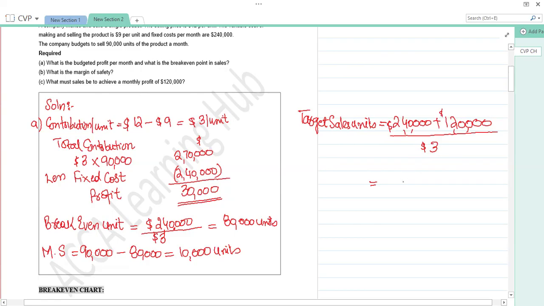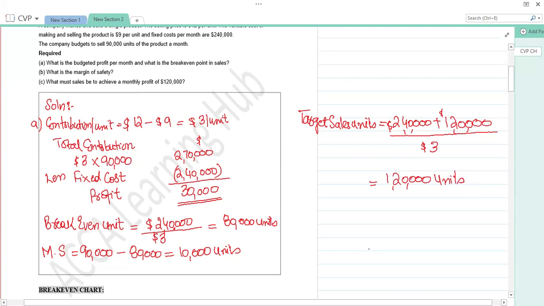I will get my target units of 1,20,000. If we sell 1,20,000 units, then you will get the profit of 1,20,000.